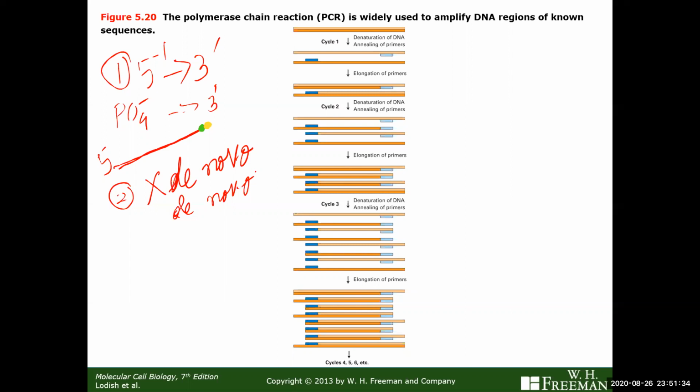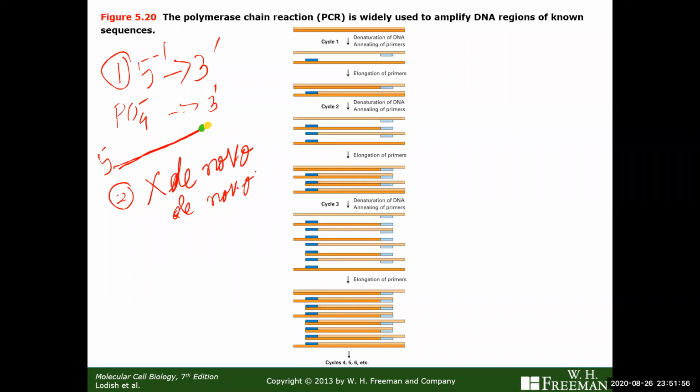DNA can only be extended. DNA synthesis by a DNA polymerase can only happen as elongation of an existing DNA. DNA synthesis can never happen de novo.